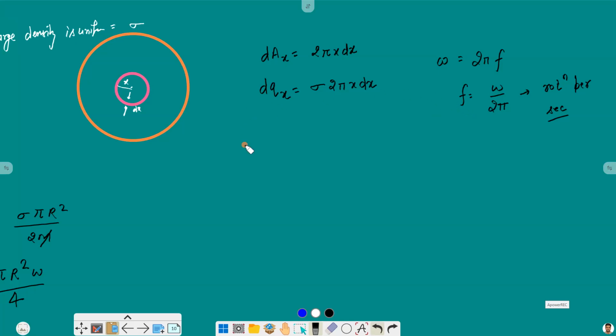So di, that is the current flowing per unit time, will be the number of rotations multiplied by the charge in one rotation divided by the time, that is 1 second. So it will be omega by 2 pi sigma 2 pi x into dx. 2 pi gets cancelled and we have sigma omega x dx. This is the value of di.